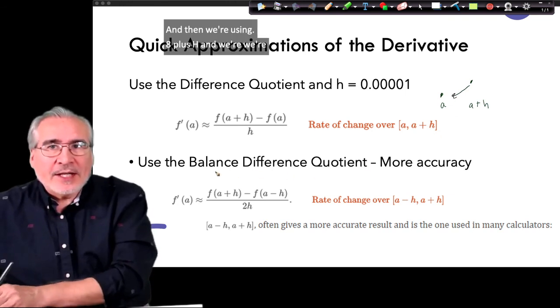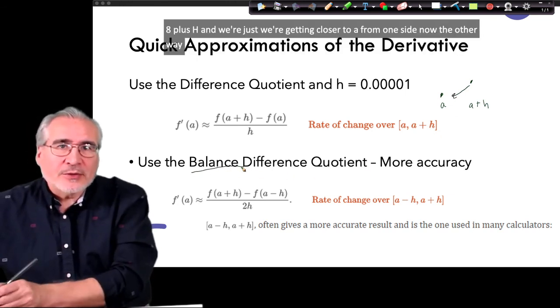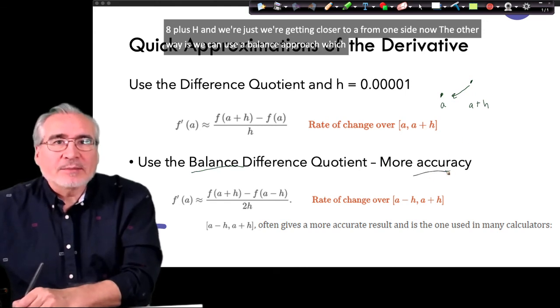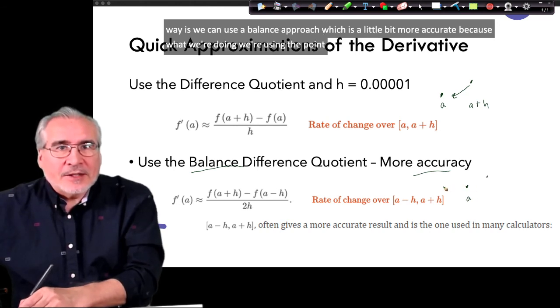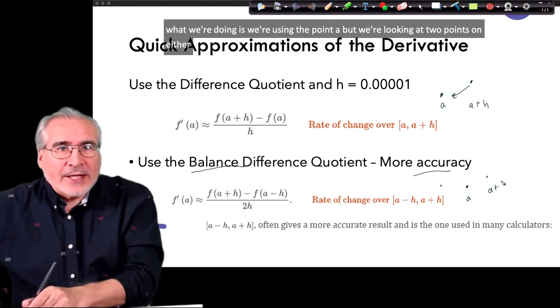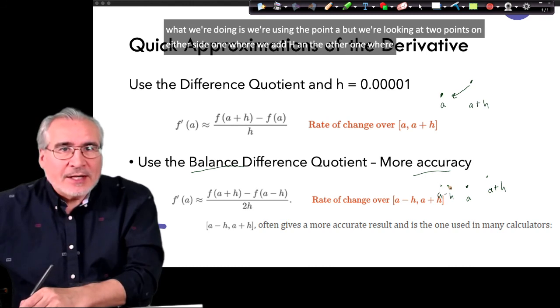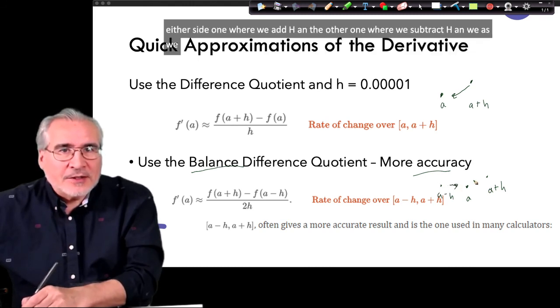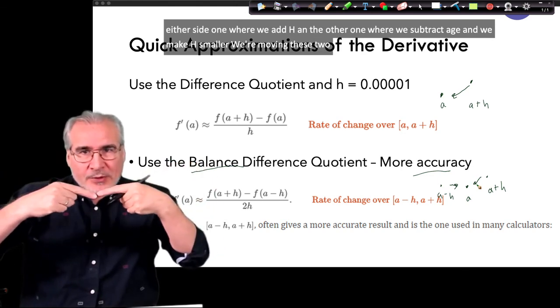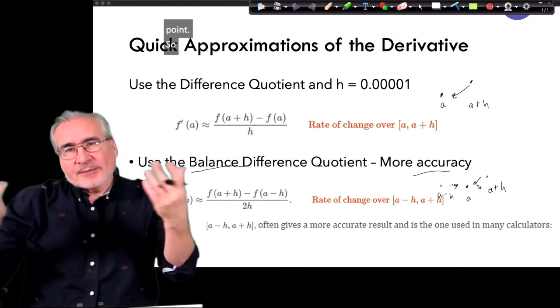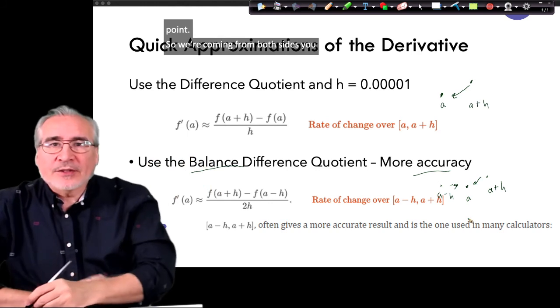Now the other way is we can use a balance approach, which is a little bit more accurate, because what we're doing is we're using the point A, but we're looking at 2 points on either side, one where we add H and the other one where we subtract H. And as we make H smaller, we're moving these 2 points closer to that 1 point. So we're coming from both sides. You gain a little bit more accuracy.